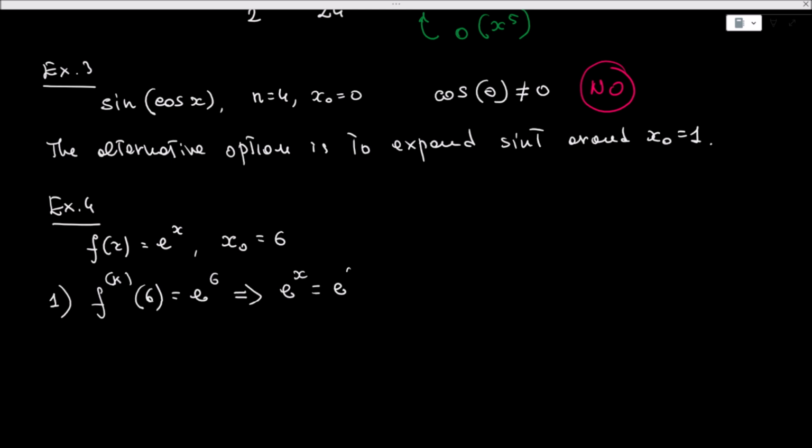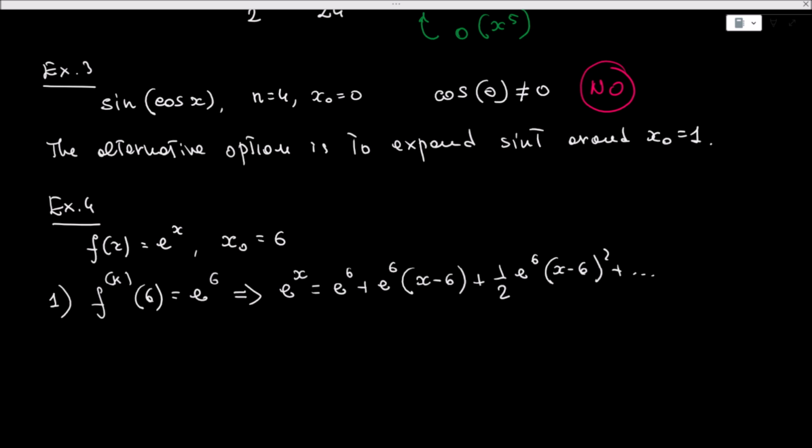Okay, so this gives that e to the x is equal to, well, the function itself evaluated at 6, which is e to the 6, plus we have the first derivative evaluated at 6, which is again e to the 6 times x minus 6. Then we have 1/2. The second derivative evaluated at 6 again is e to the 6, and then we have x minus 6 raised to the square, and so on and so forth.